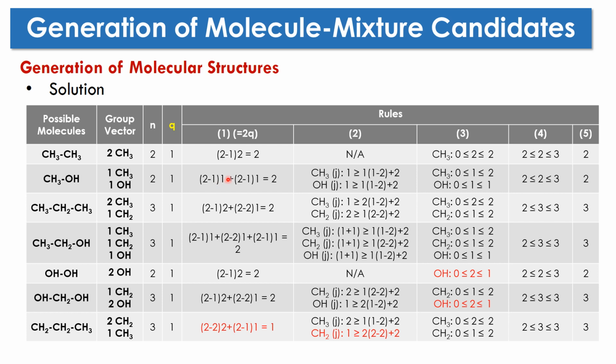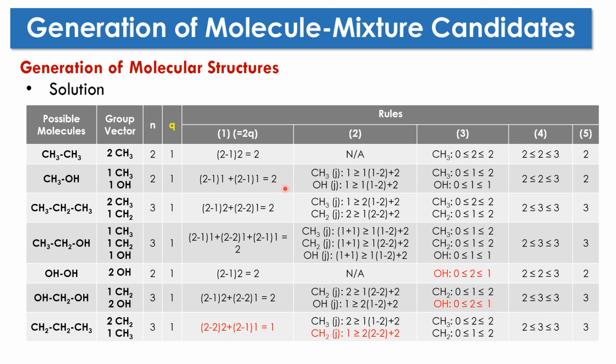Plus, next we calculate for OH. So 2 minus 1 valence for OH is 1 multiplied with 1. There's only one OH in this group. Okay, so 2 minus 1 is 1. 1 multiplied with 1 is 1. For the second term, 2 minus 1 is 1 multiplied with 1 is 1. So 1 plus 1 is equal to 2. So it satisfies the equation.